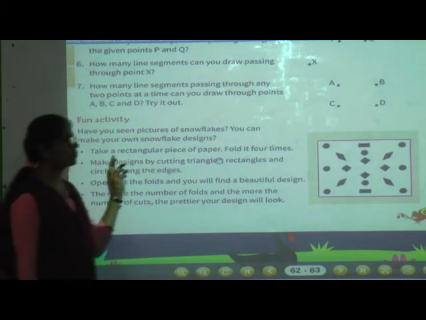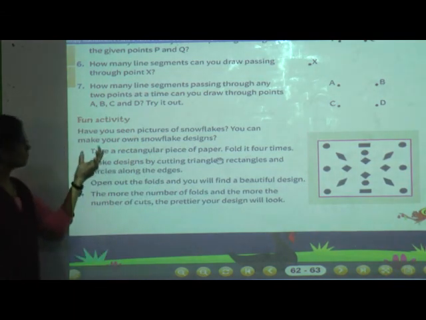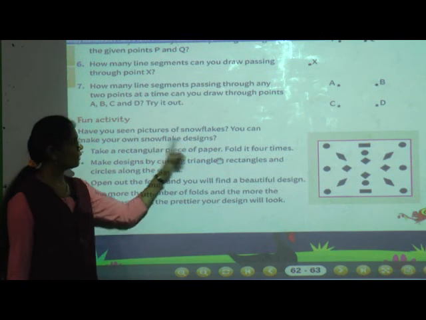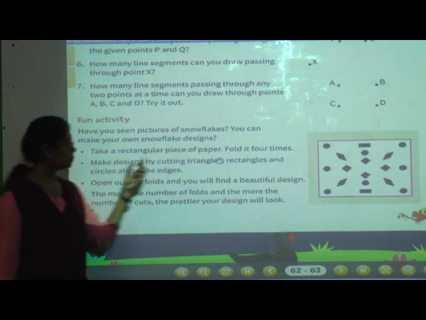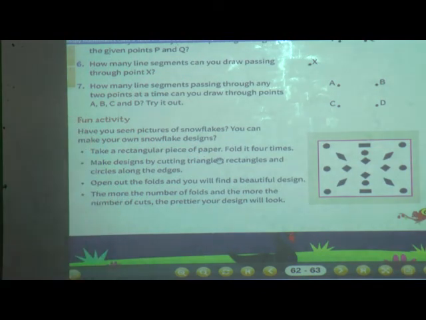What activity do you have to do? You have to take one rectangular paper, and with the help of that paper you have to make a snowflake design by cutting different shapes. How should you make it?